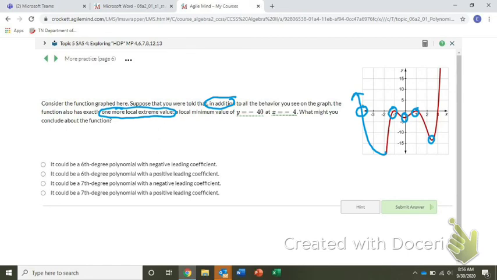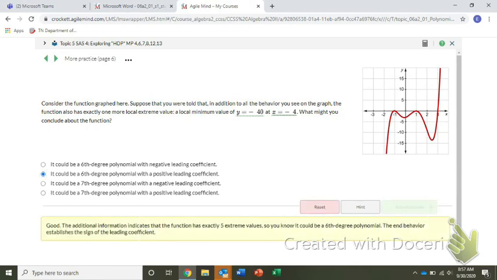So now I have 1, 2, 3, 4, 5 extreme values, and both ends are pointing up. So when both ends are the same and they are pointing up, it has to be a positive coefficient, and it has to be an even degree. So our only choice here is a 6th degree polynomial with a positive leading coefficient. Okay?